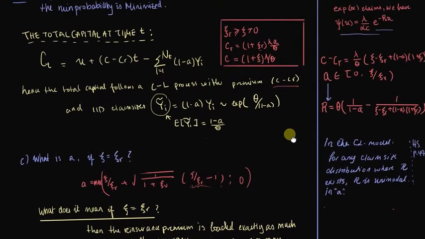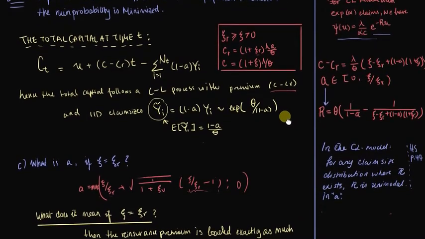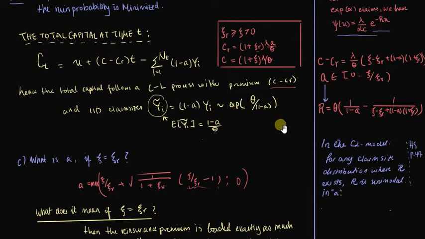And in fact, if you do that, then everything kind of breaks down, because the premium that we pay to the reinsurance company and the premium that the customers pay to us will be equal, and therefore the premium term will just be zero. And since the entire claim will then be covered by the reinsurance company, the claim term will also be equal to zero. And then the total capital at any time is just equal to the initial capital.